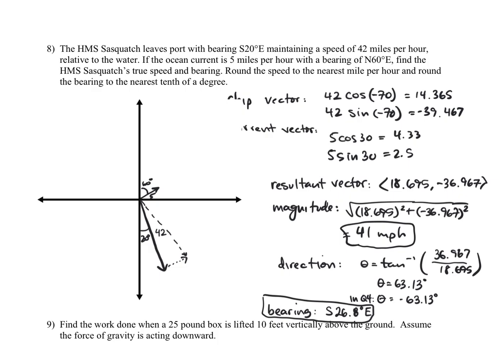So what we got here is if the angle to that bearing is 63.1, then the complement would be the bearing here. So from the vertical axis, it's 26.8, roughly.